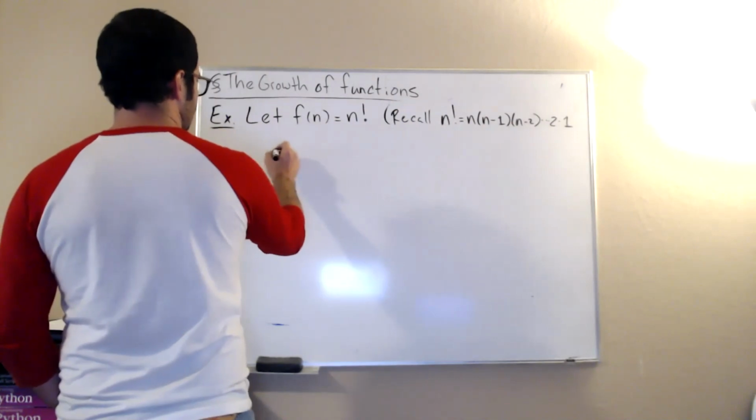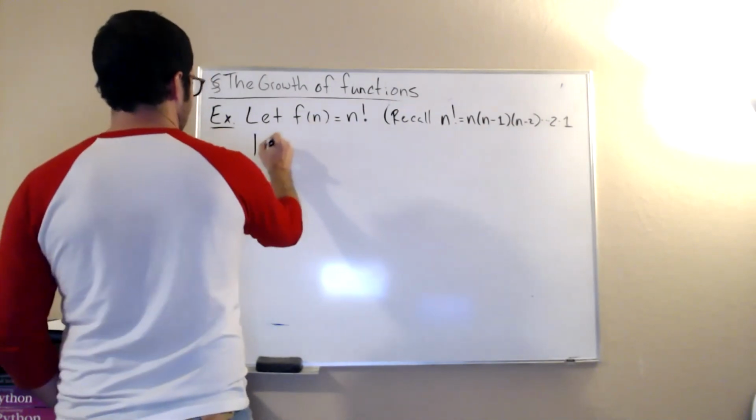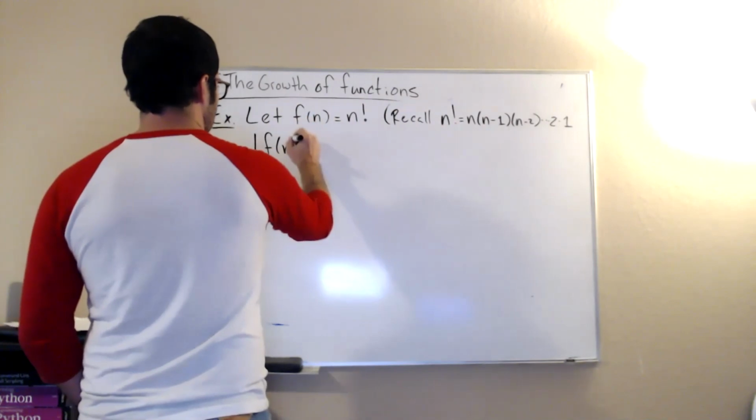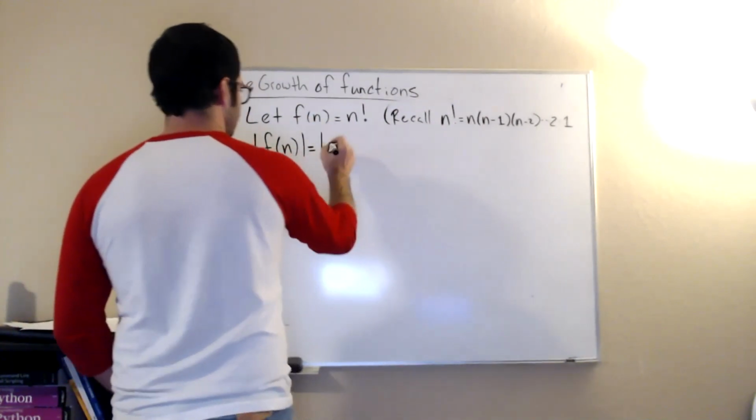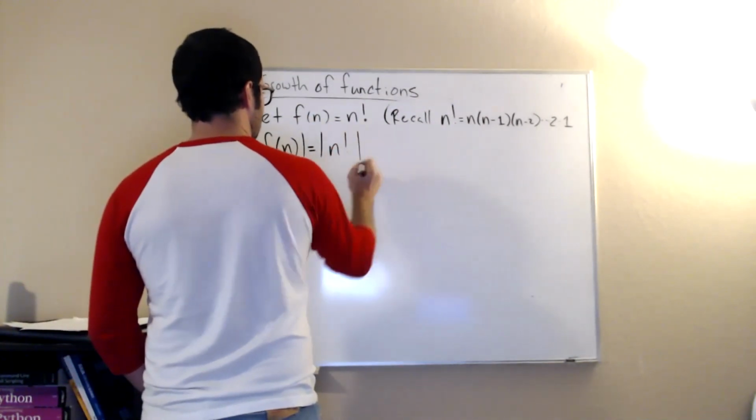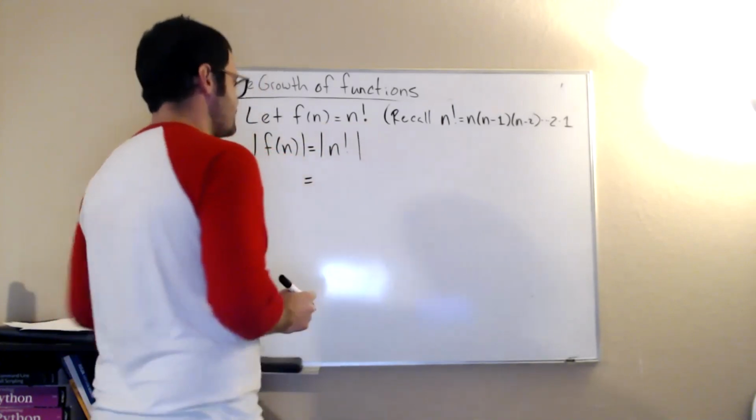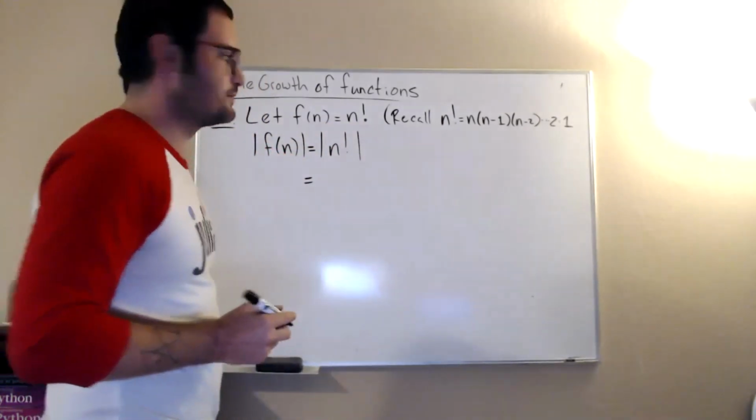So if we look at wanting to find a big O estimate of that, well, we can drop the absolute values. The factorial is always positive.